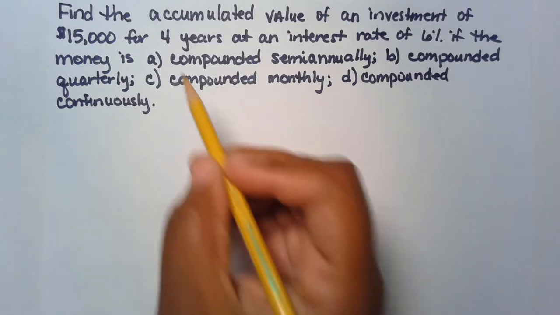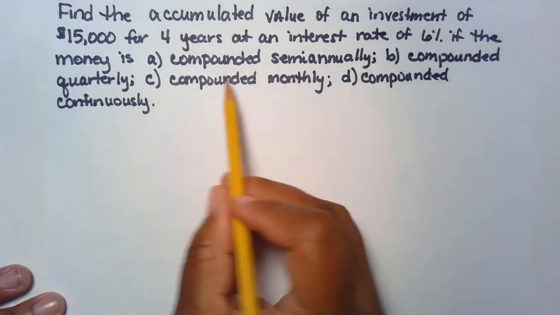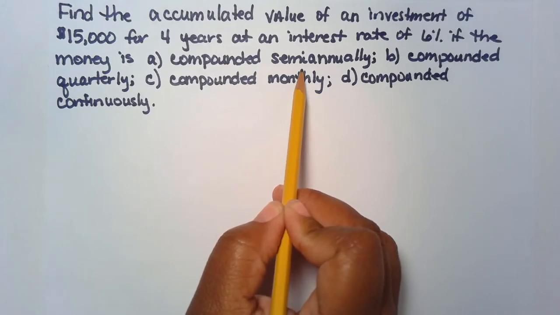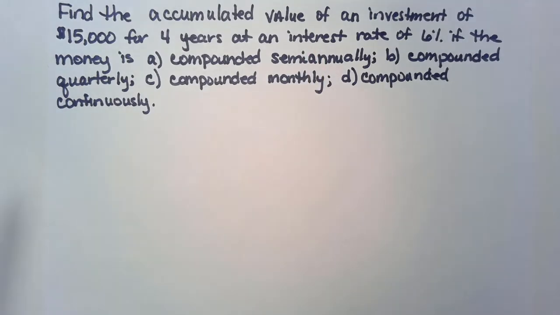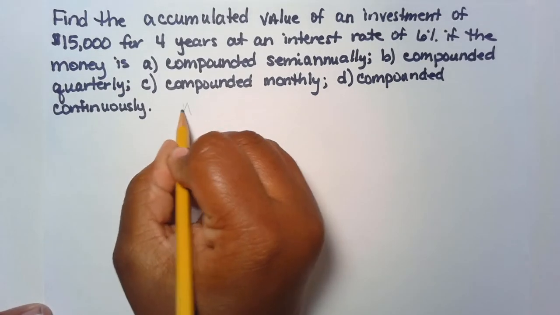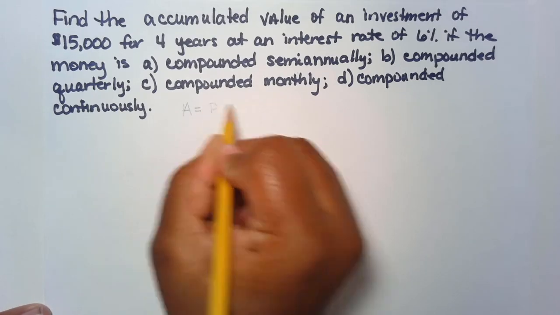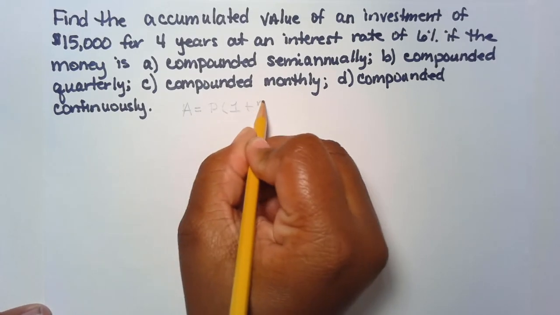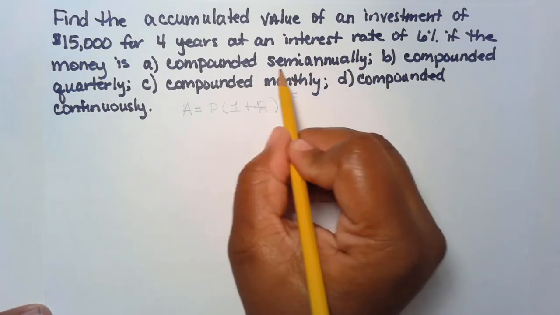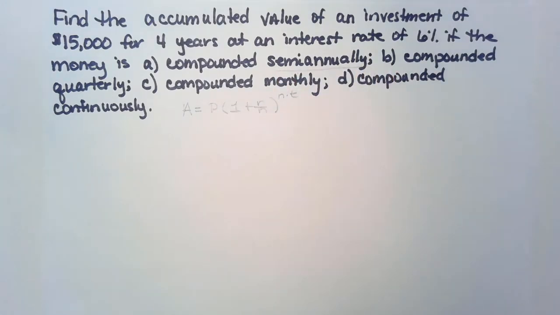Part A. If the money is compounded semi-annually. So what will we have to do here? Of course we're going to be using A is equal to P times 1 plus R over N, all raised to the N times T, because it's giving us the number of compounded interest per year.